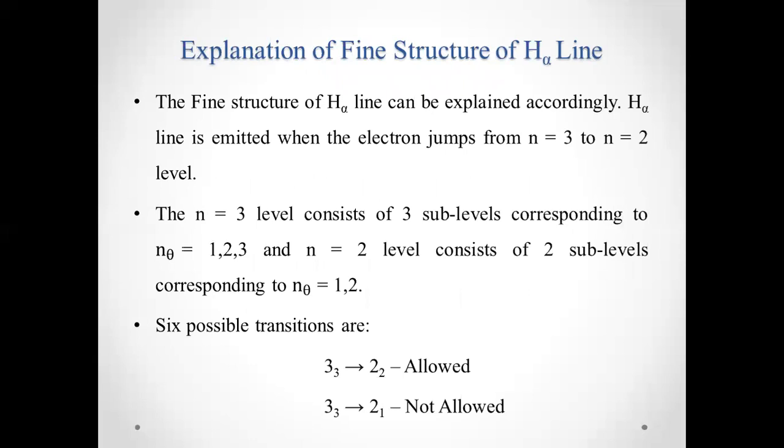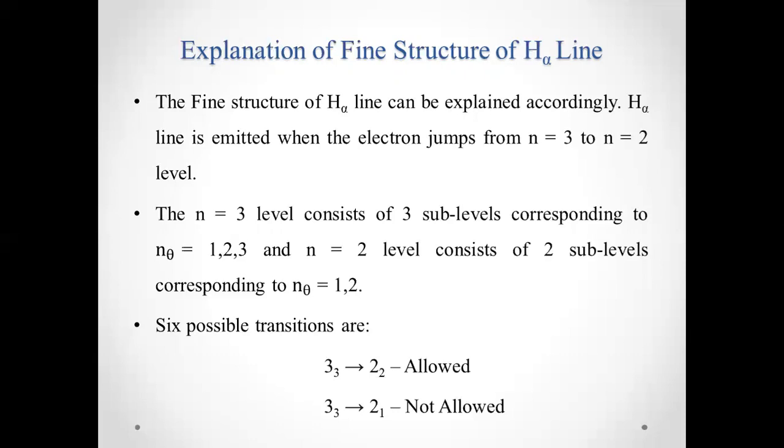Next, we will be discussing the explanation of fine structure of H alpha line. H alpha line is emitted when the electron jumps from n equals 3 orbit to n equals 2 orbit.